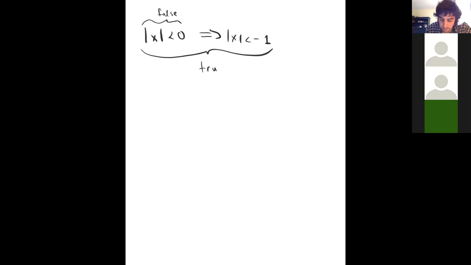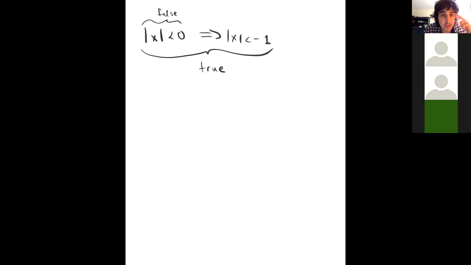X less than 0 implies x less than -1. This is an implication. This thing is false. So right away, you can say the whole statement is true. Because the hypothesis is false, right? Remember that, I won't write the truth table again. But if the hypothesis of an if-then statement is false, the whole thing is true.